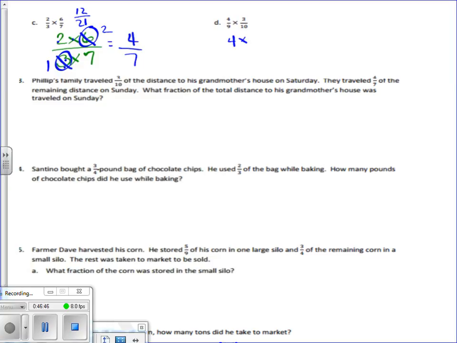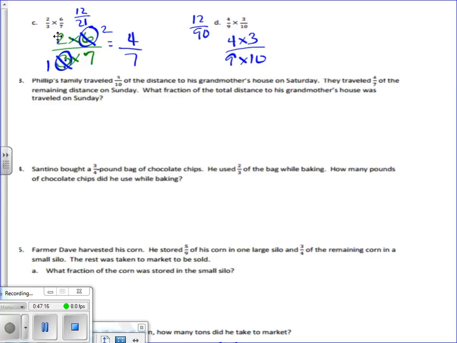So 4 times 3 over 9 times 10. And if you just multiplied that, you'd have 12 over 90. And if you want to do that again, fine. But you know that you're going to be stuck having to simplify. So, why make it harder on yourself?